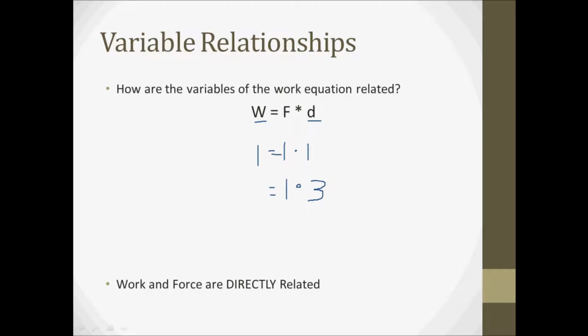That makes 3. So as distance goes up, so does work. They're both going up together. That means work and distance are directly related. So work is directly related to both pieces of its equation. If you increase the force, that'll increase the work. If you decrease the distance, that'll decrease the work. Just something to keep in mind.